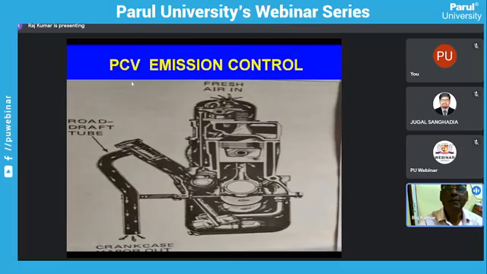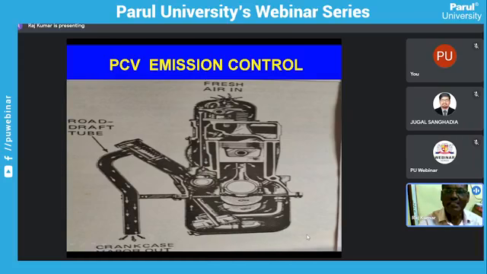This is the positive crankcase emission control. As the human breathes, the engine also breathes. The fresh air is drawn through the combustion chamber, and this is the crankcase where the harmful fumes are generated. The fumes are to be expelled outside.